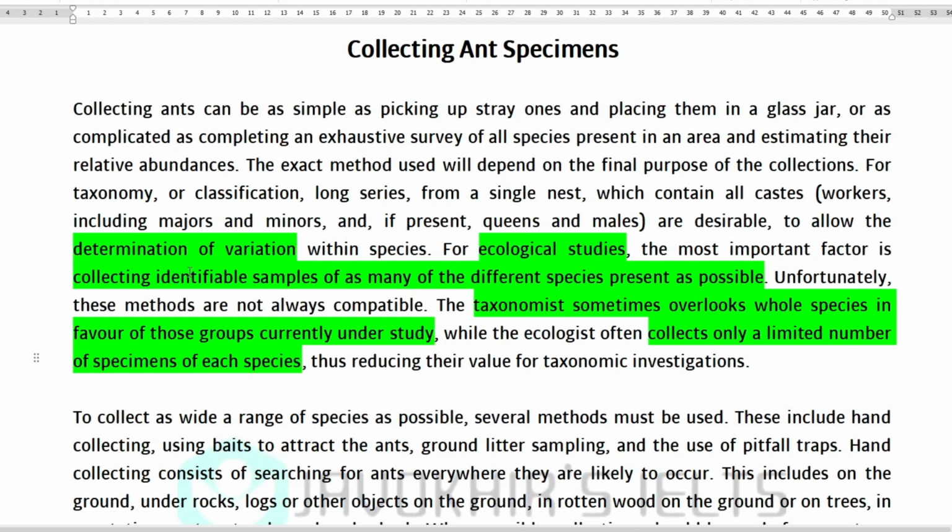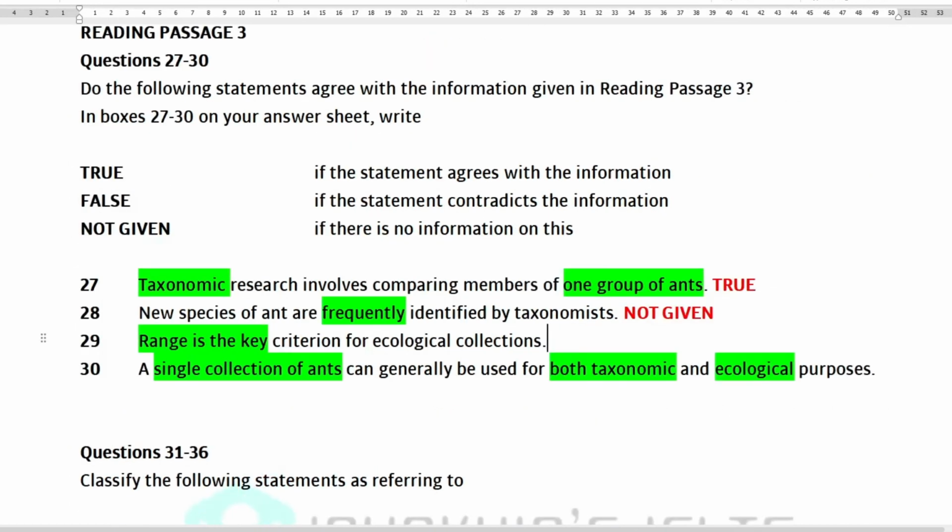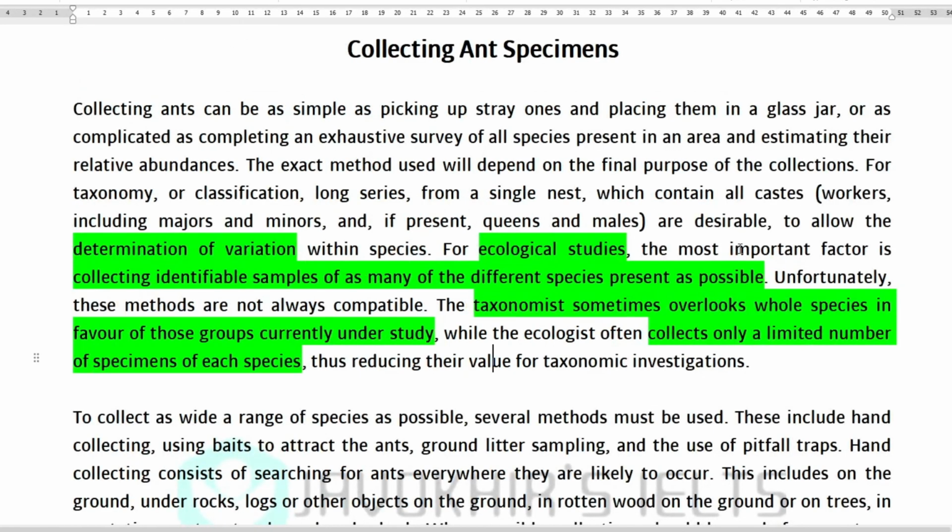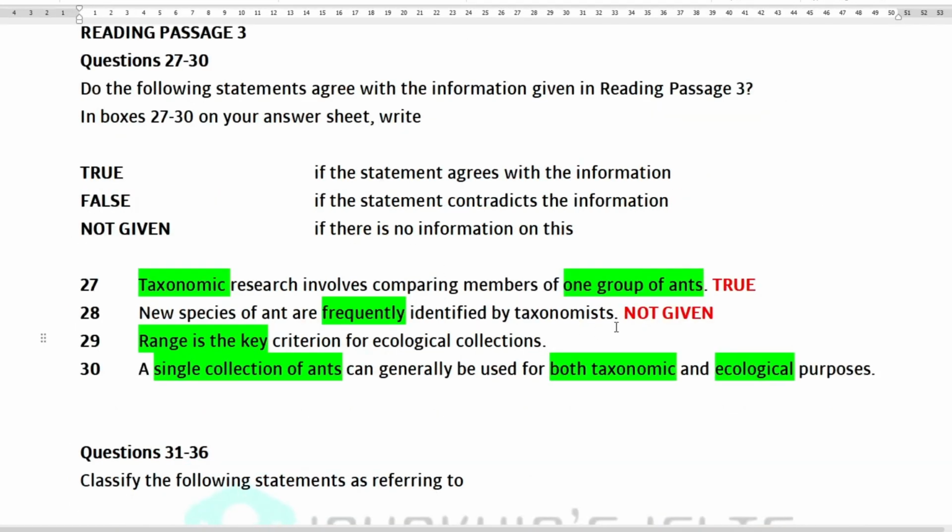So what is most important? The key is collecting identifiable samples of as many of the different species present as possible. So that is the answer. We have true for that. And yep, there we go.